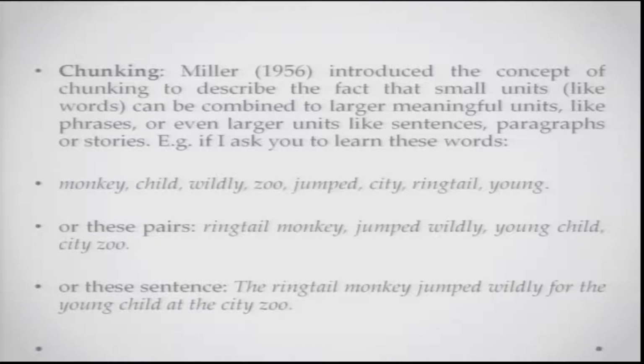Say for example, if I give you this list of words: monkey, child, widely, zoo, jumped, city, ringtail, young, these are 8 or 9 words, and if I ask you to repeat them very quickly, or in pairs, ringtail monkey, jumped wildly, young child, city zoo, maybe this is slightly easier than the earlier disorganized array of words. If I organize it even better, the ringtail monkey jumped wildly for the young child at the zoo is better remembered as compared to the first one.